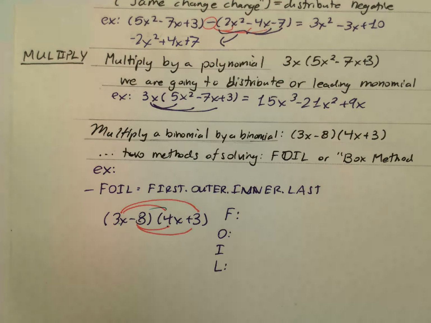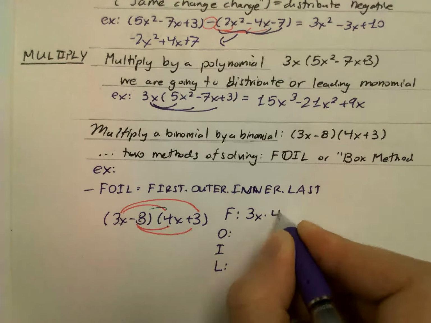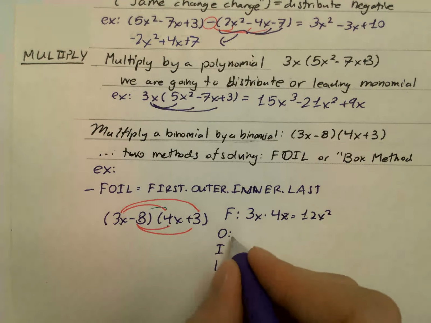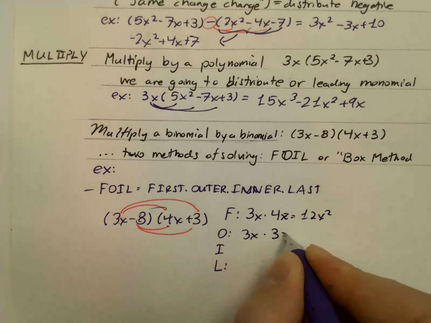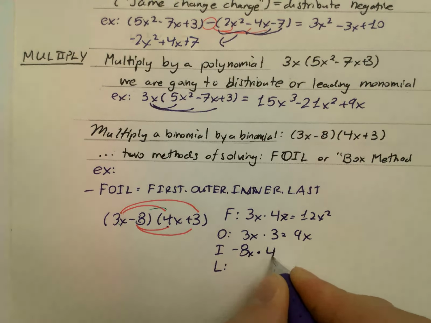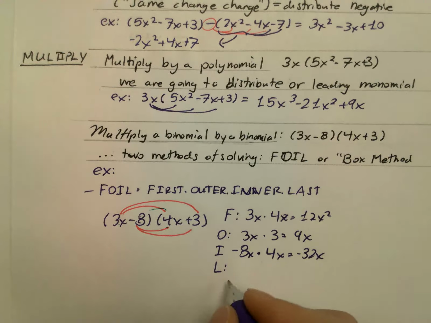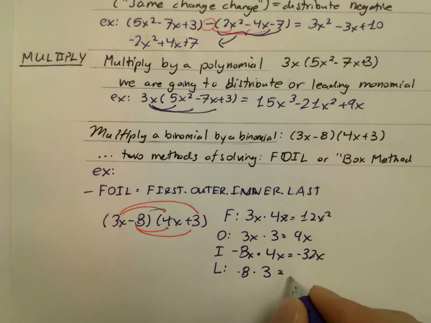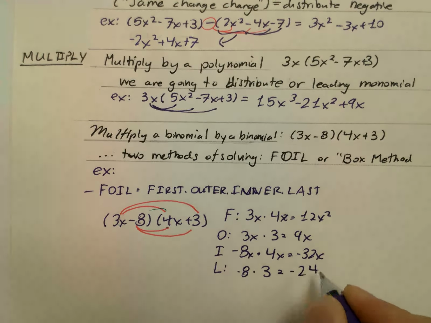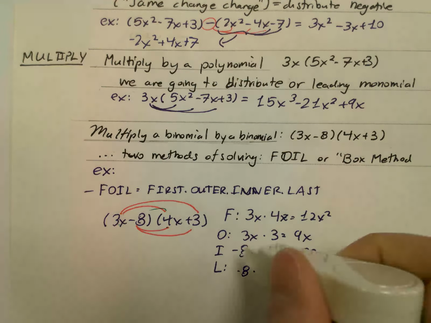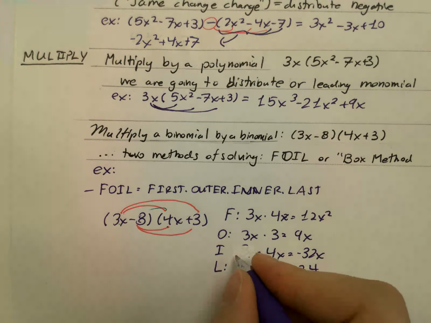And of course you would get 3x times 4x, which equals 12x squared. You would get 3x times 3, which gives me 9x. Negative 8 times 4x equals negative 32x. And negative 8 times 3 gives me negative 24. Normally I do 3 times 4x, then 3x times 3.